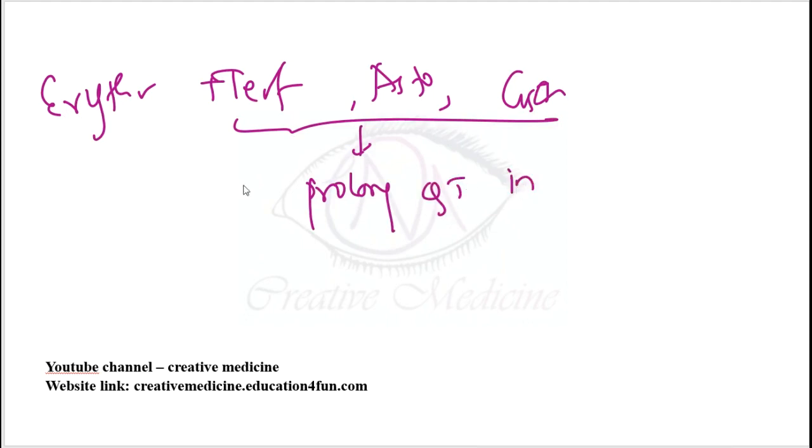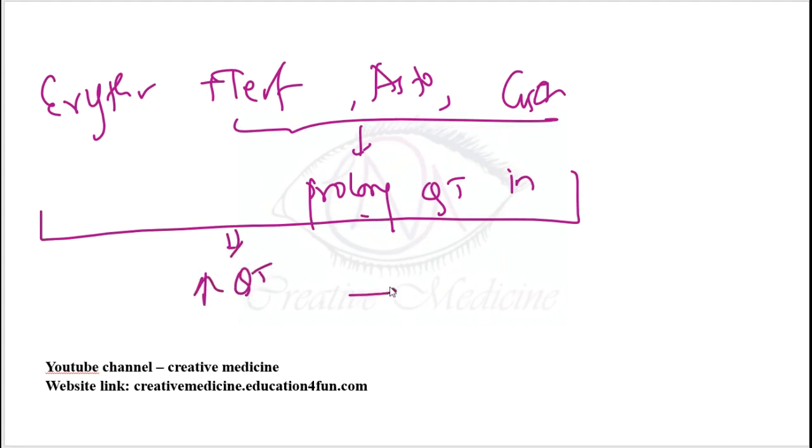So if you give erythromycin along with all these drugs, this will prolong the QT interval even further, and this can result in polymorphic ventricular tachycardia.